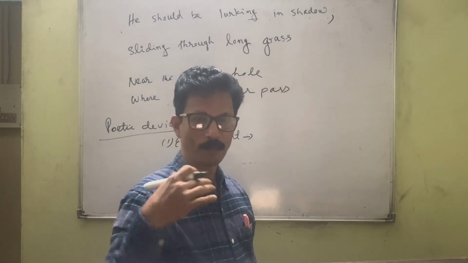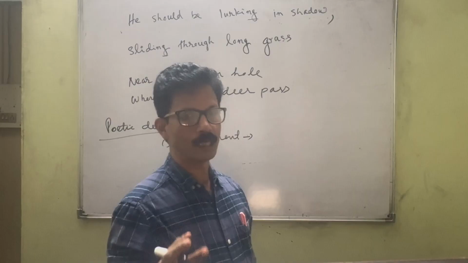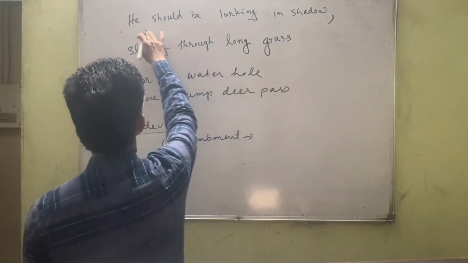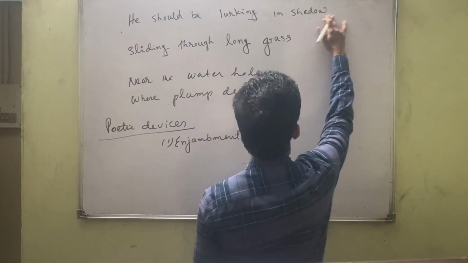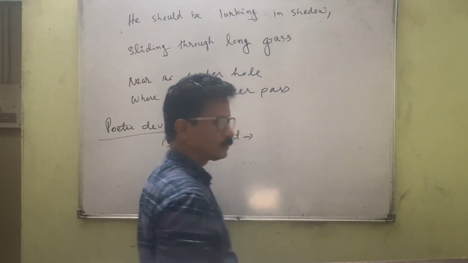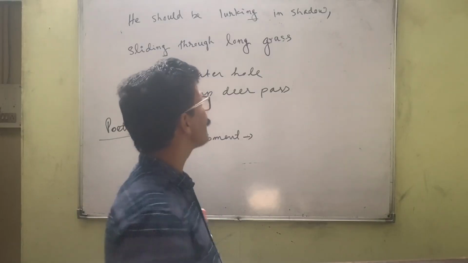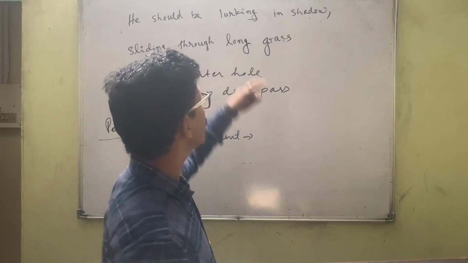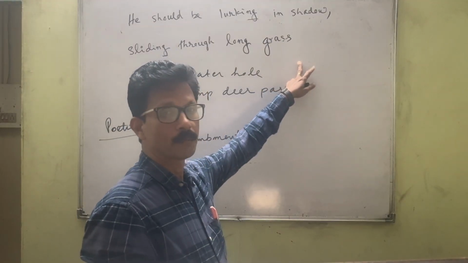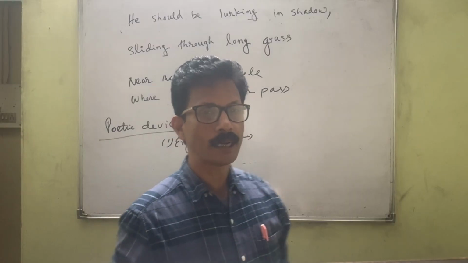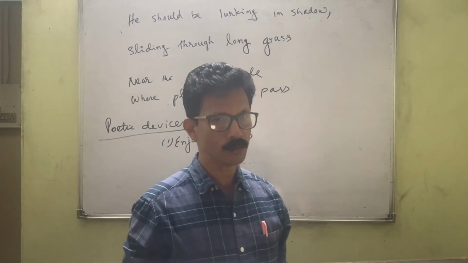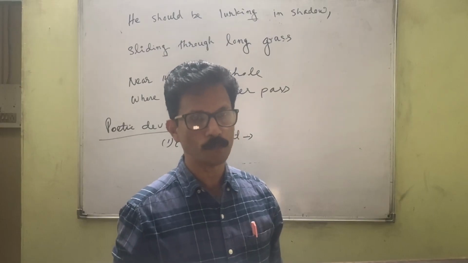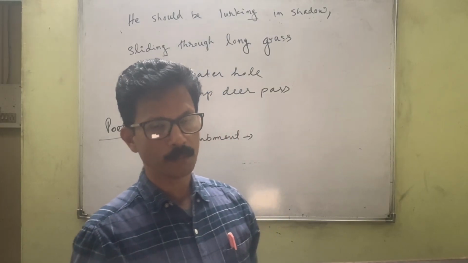One sentence or line passes to the next without any punctuation mark. Here you see the first line, there is a comma. For clarification, you can see your book. Here there is a comma, but here there is no comma. Because actually at the end of a sentence or a line, there should be a full stop, a comma or a semicolon like that.